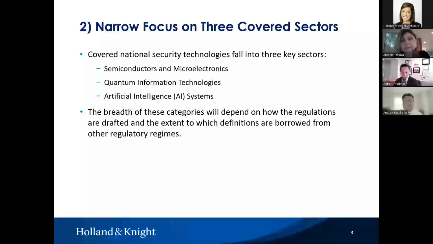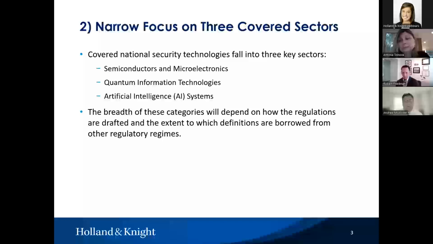I think it's important also to note that in parallel to this executive order, there have also been occurrences on Capitol Hill. One of those acts that's been voted on at the Senate level is referred to as the Outbound Investment Transparency Act.